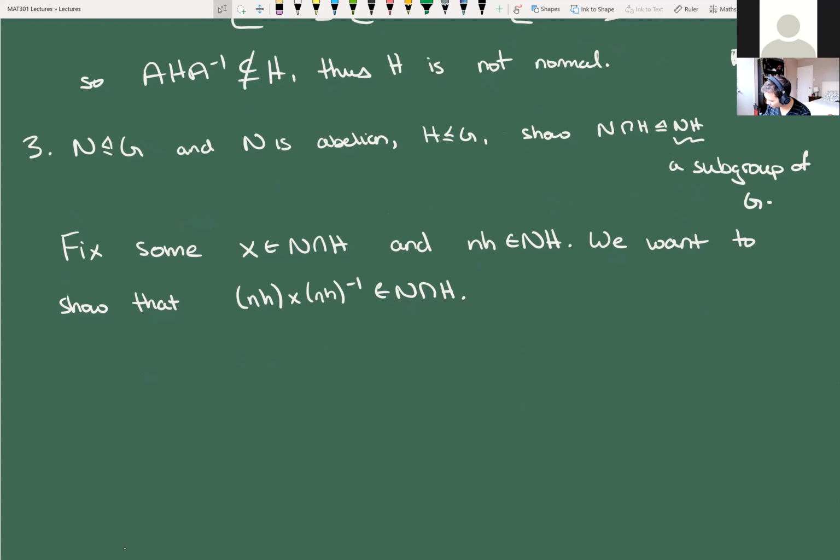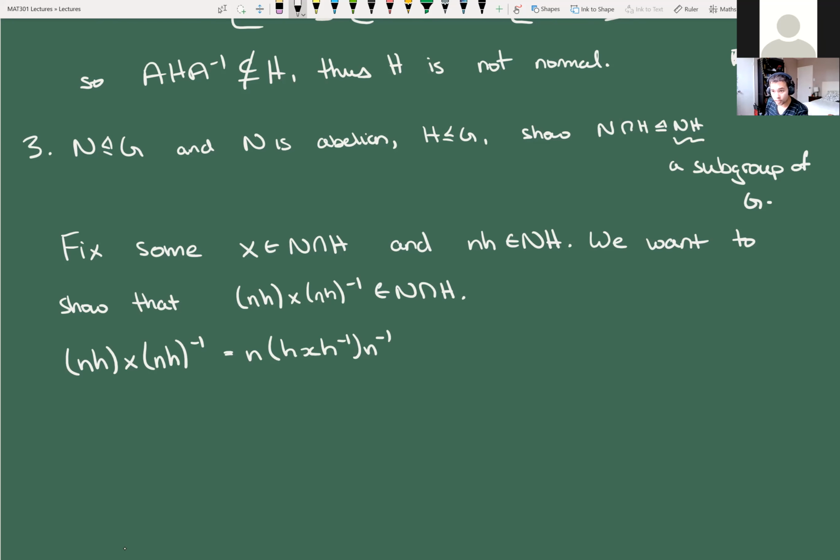If I expand this out, I've got nh x (nh)^-1, which is n, then h x h^-1, then n^-1. I just used the inverse of nh, and we know how to compute that: you switch the order and put an inverse on both of them.